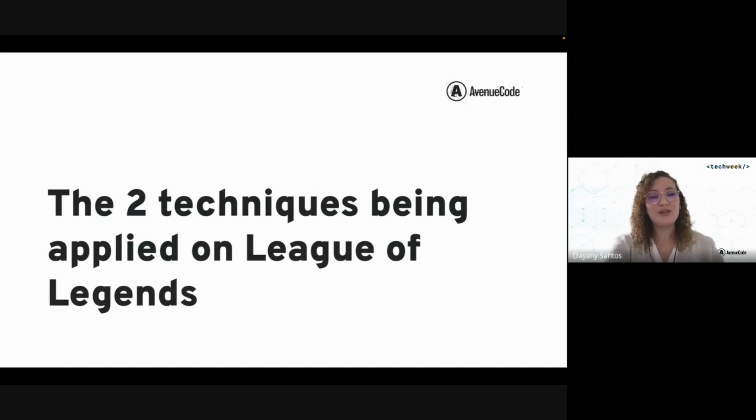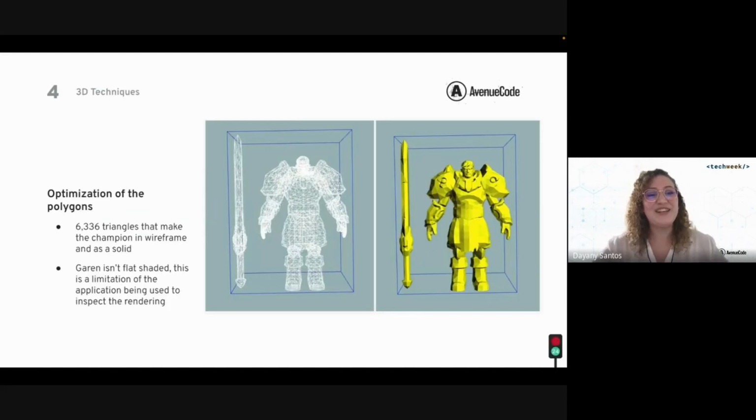So now I'm going to show you the 2 techniques that I was talking about being applied to League of Legends, a very famous game. Here we can see the optimization of the polygons. On the left picture, we see the character in wireframe mode, and we cannot see it, but it has 6,336 triangles that make the champion.